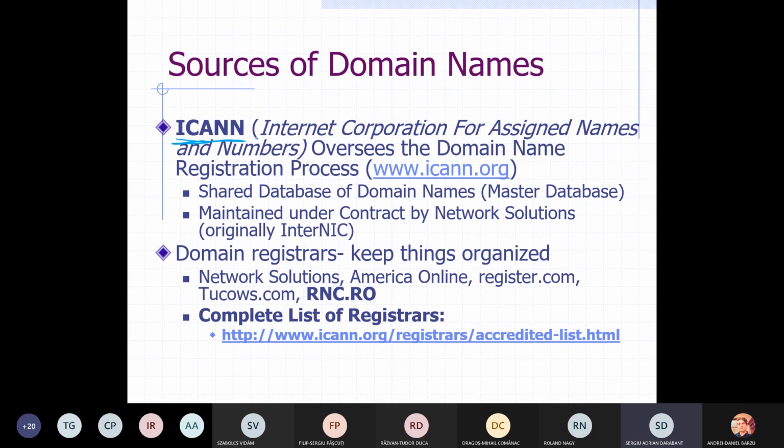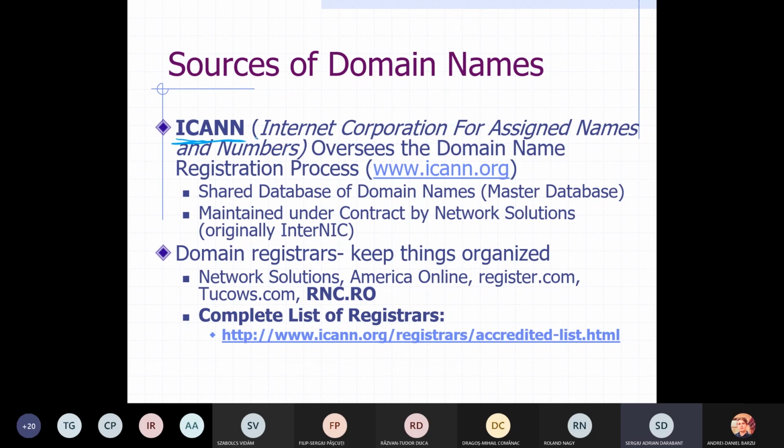This is its name. This is the organization that globally, and at the beginning, started managing domain names. Whenever you want to buy a domain name, you need to tell an organization like this, okay, I want a domain name.